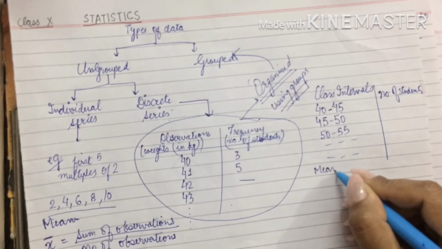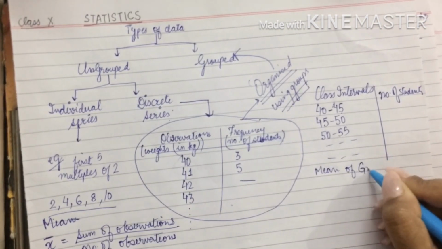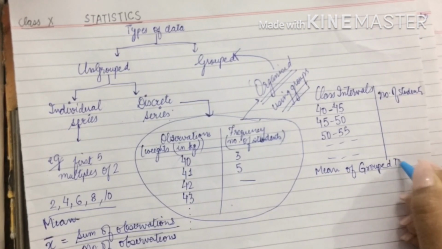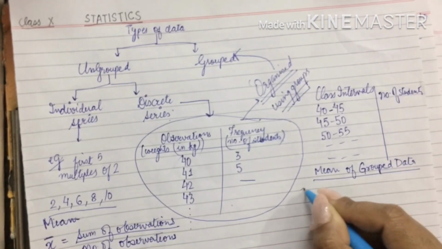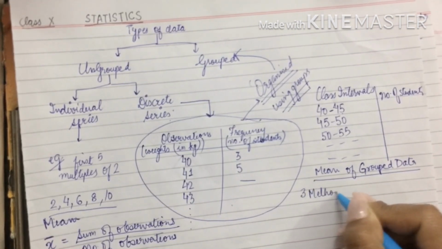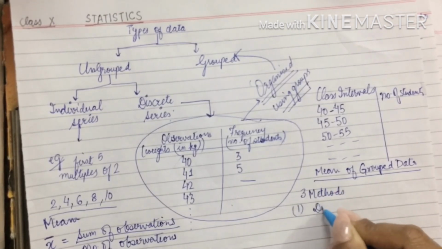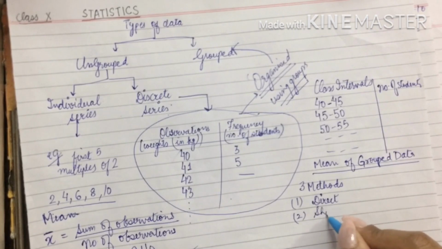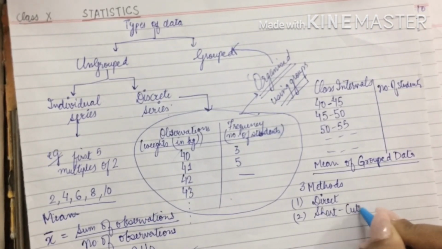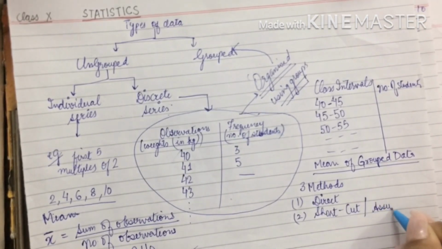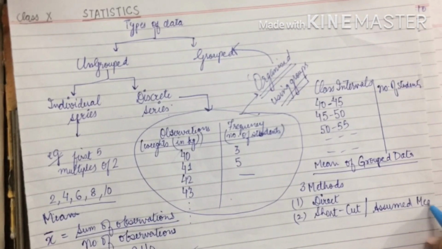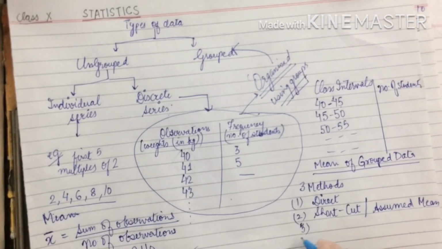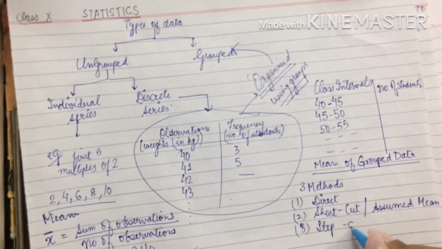For calculation of mean of grouped data, the first one is the direct method. The second is the shortcut method, or we called it the assumed mean method. And the third one is step deviation.